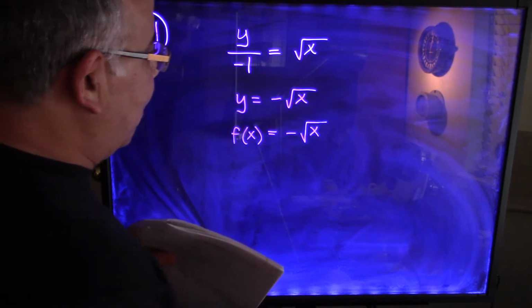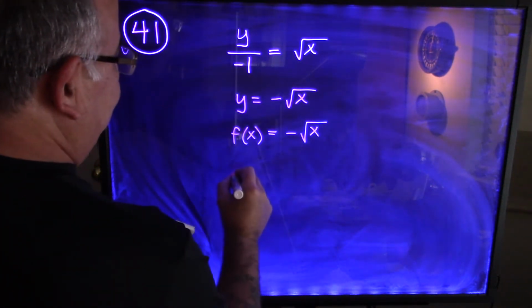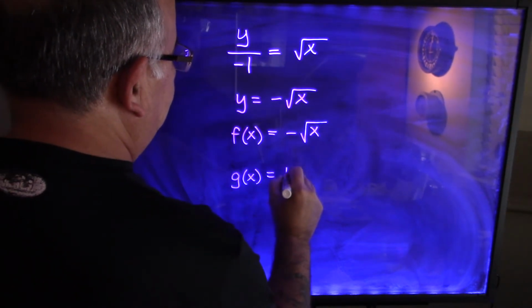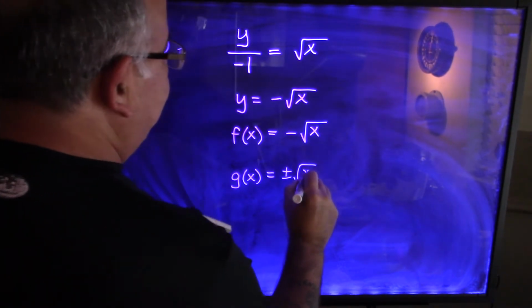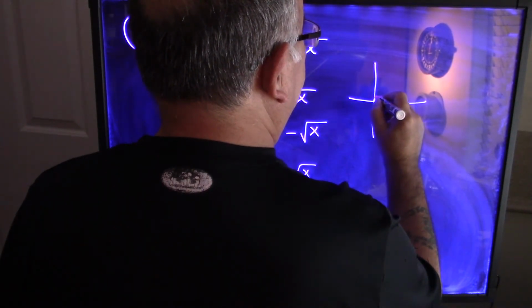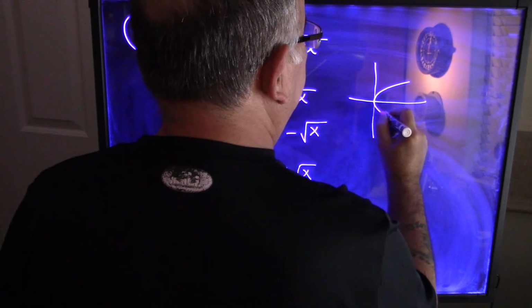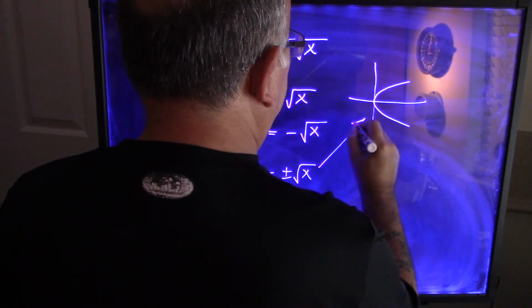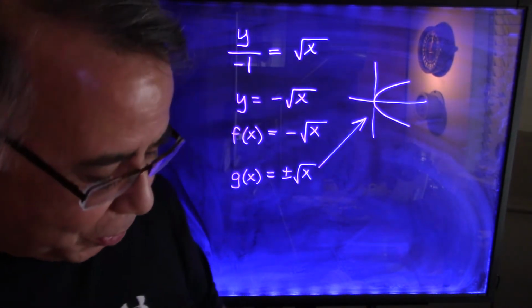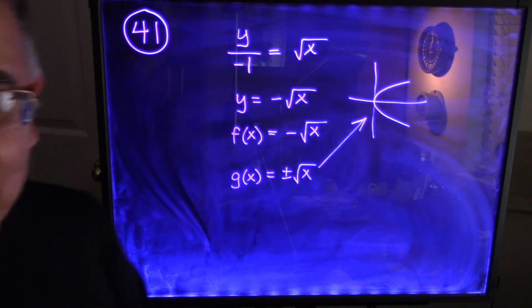If you wanted to show both positive and negative square roots, you could write g of x equals plus or minus the square root of x. And you'd have basically what looks like a parabola laying on its side like this. That would be g of x, but that's not what we have, but that's a little bonus I'm throwing in for you, okay?